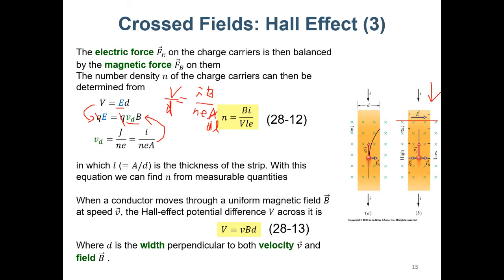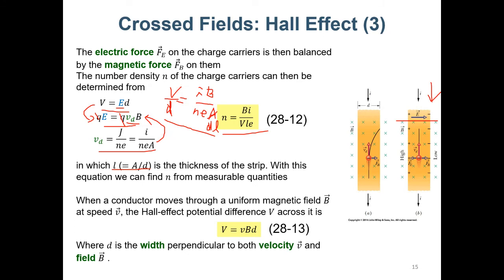So finally, N equals BI over VEL. We make use of this one and this one so that we can get equation 28.12. So with this equation, we can find N from measurable quantities.